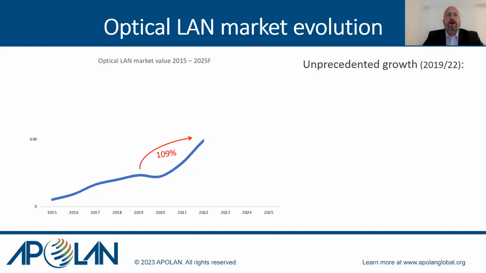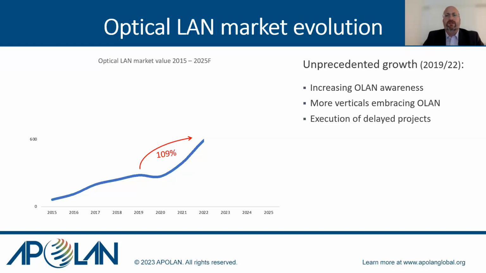The market more than doubled in only a few years, from 2019 to 2023. This unprecedented growth has several explanations. One of them, of course, is the increasing awareness about the existence of optical networks. Then also, related to the previous one, more vertical markets are embracing and adopting the technology.